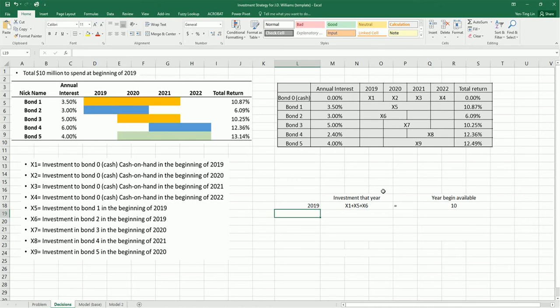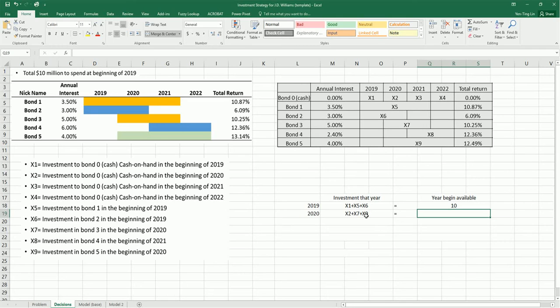Now we move on to the next year, 2020. So what is the total investment in that year using those decision variables? Well, you can invest in bond 0 and bond 3 and also bond 5. So bond 0 is X2 plus bond 3, which is X7, plus bond 5, which is X9. And this needs to equal whatever is available at the beginning of 2020.